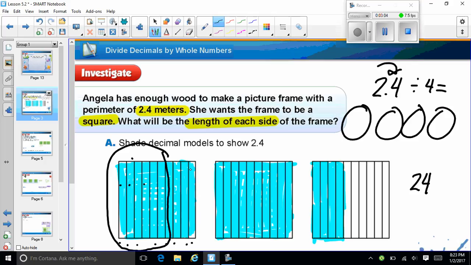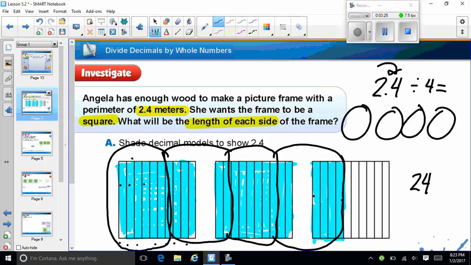Repeating that for each of the four groups. And so my model would end up looking like this. 2 4/10 divided by 4 would get me 6/10, because that is how much is in each group.